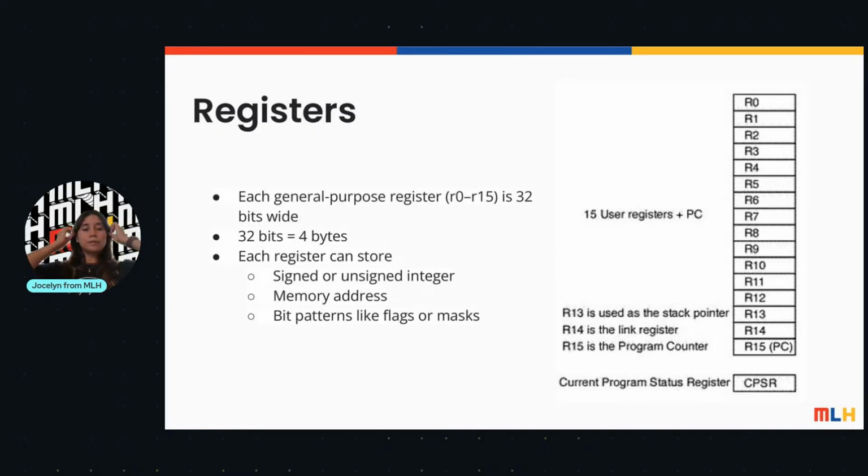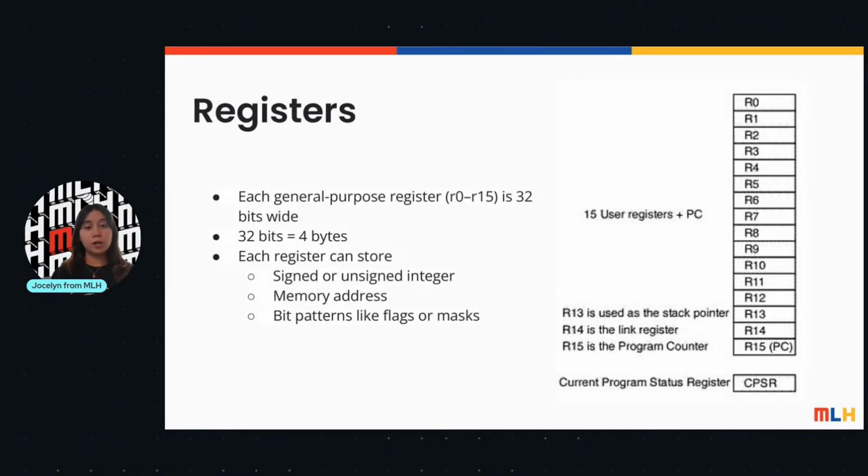Right now you might be saying, okay, I know what an integer is, I might know what a memory address is, but what is a flag and what is a mask? Flags and masks are specific types of bit patterns. We'll be learning more about how to identify those, but just keep in mind that registers can store these 3 different types of data. First, signed or unsigned integers: your regulars, 1, minus 1, 10, 450, any integer that you can think of that fits in 32 bits.